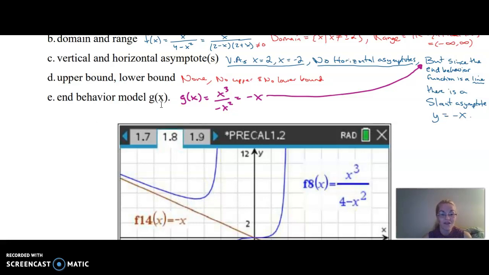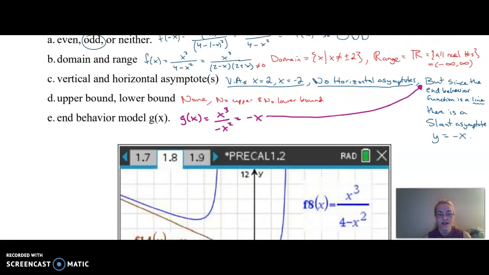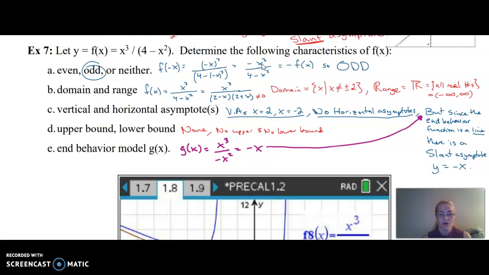So again, the end behavior model, g of x, for this function, you're going to take the x cubed over negative x squared. Remember, the coefficients matter, so that's a negative x squared. And when you simplify that, you get a line, y equals negative x, right? Since the end behavior function is a line, it's an asymptote. We call it a slant asymptote.